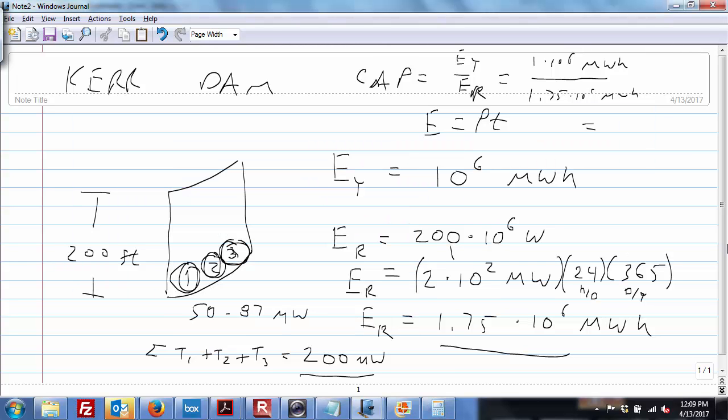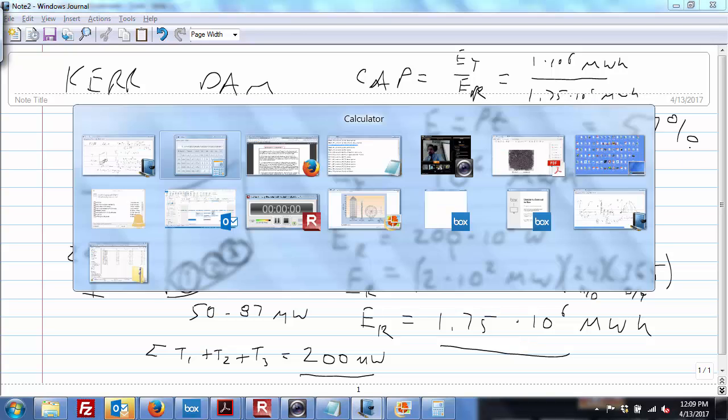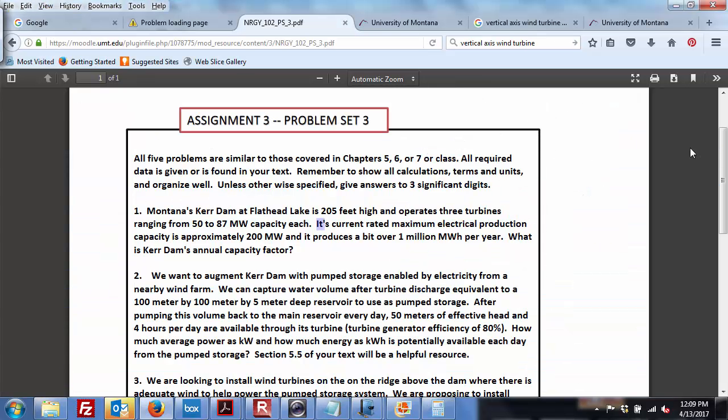Yeah. 57%. Annual capacity. You call it annual capacity.